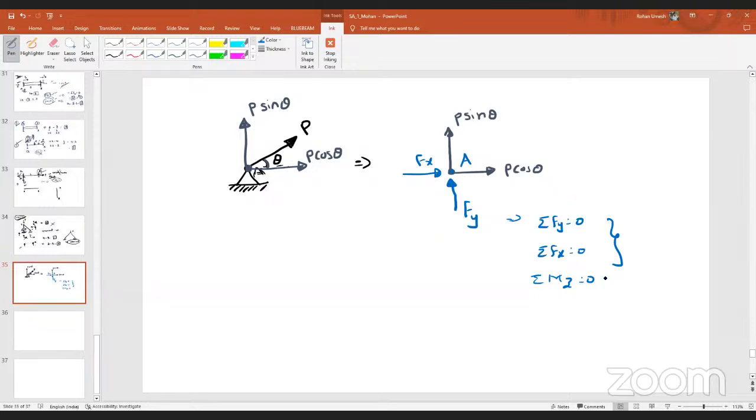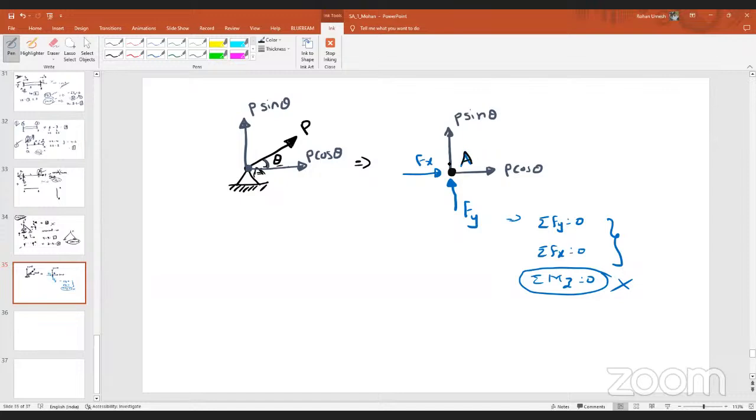Here the point is, I can omit the summation of moment z equal to 0. Why can I omit this? See, all the forces we are resolving, at which point? We are considering the free body diagram of point A, isn't it? Either Fx or Fy, P sin theta and P cos theta, all these forces are transferring through which point?